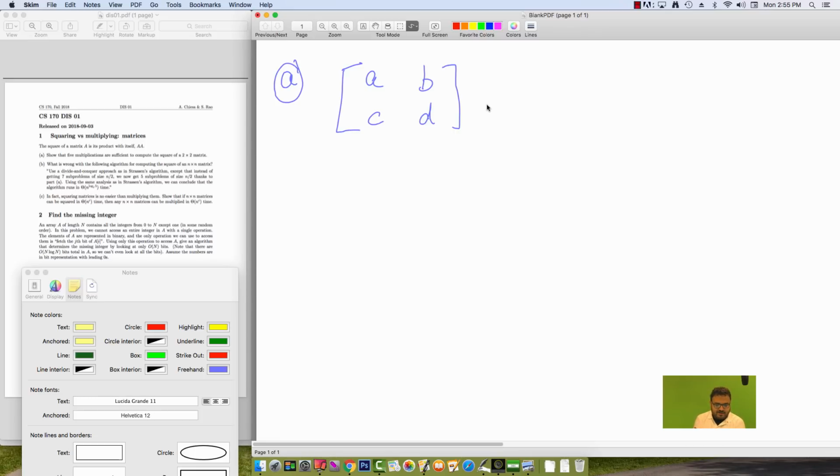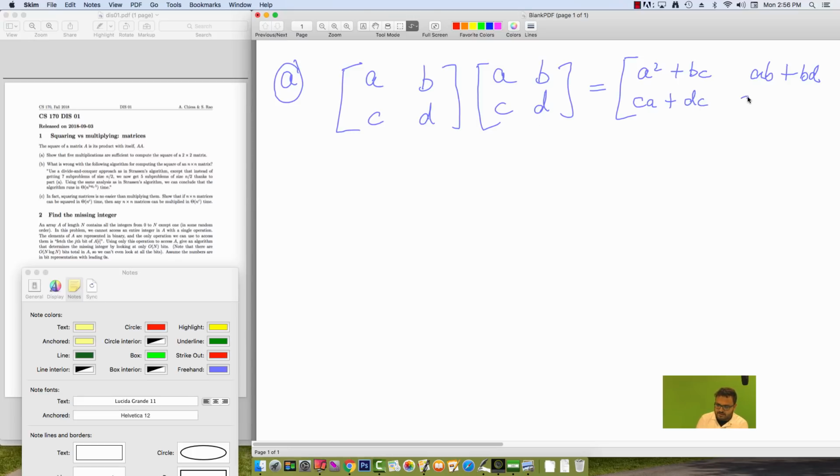All right. I'm hoping that you've tried this out on your own. But once you have, we can just go ahead and multiply these two matrices. And we will get A times A plus BC, so A squared plus BC. Then we will get A times B plus B times D. Then we will get CA plus DC.